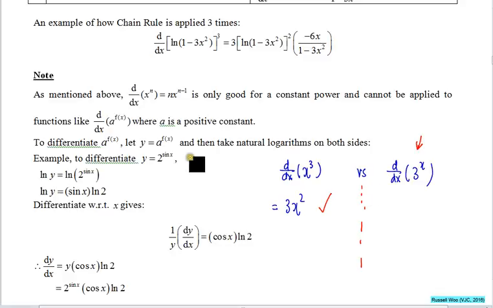Now, before that, do you all know that 3 is actually e to the ln 3? And in general, A is actually e to the ln A for any positive number A. Need to be convinced? Need me to prove? No need lah. Or you use calculator and you realize this will always be true.